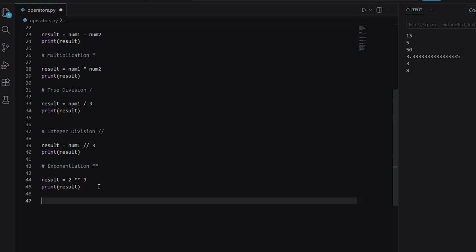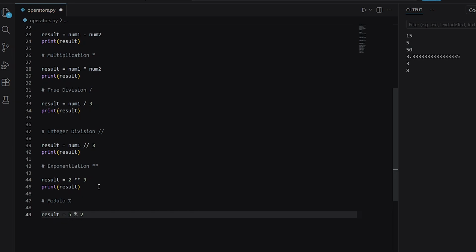Then lastly, we're going to look at the modulo operator, or otherwise known as the modulus. This is the same thing as remainder. And so we use the percentage symbol as the operator. So pay attention to this. We have result is equal to 5 modulo 2.